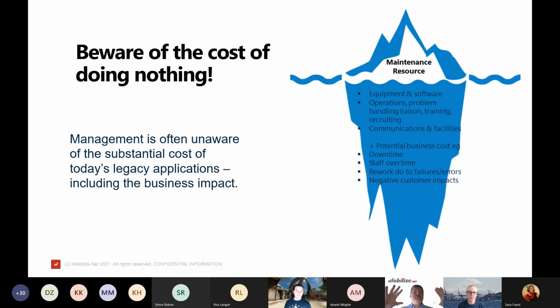A little portion of the iceberg is at the top, but most of it is hidden, and especially the impact that an application may have on the business if it is built on top of obsolete technology, or potentially on top of unsupported technology that may produce lots of issues moving forward. Those things have to be taken into consideration.